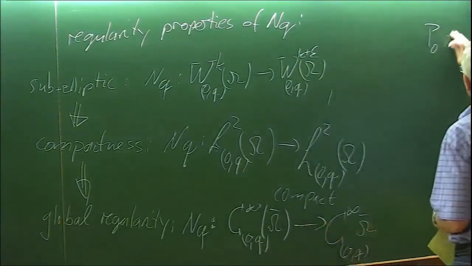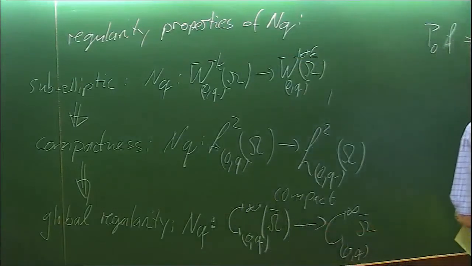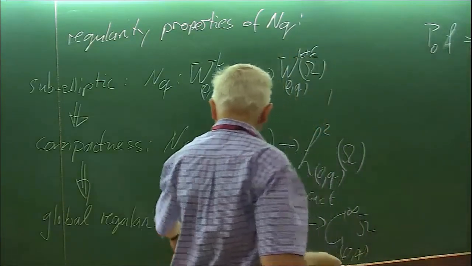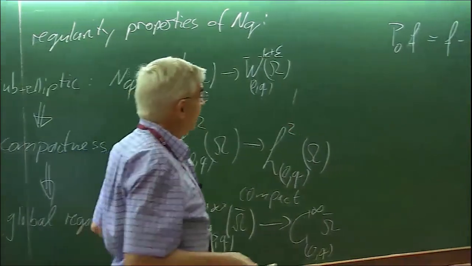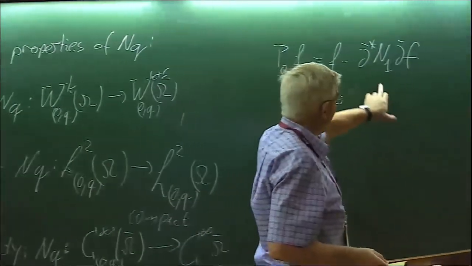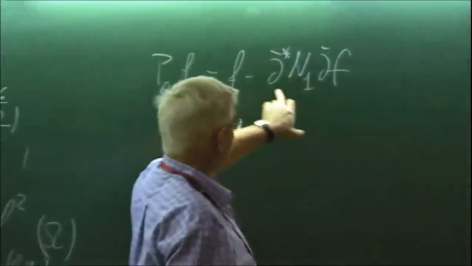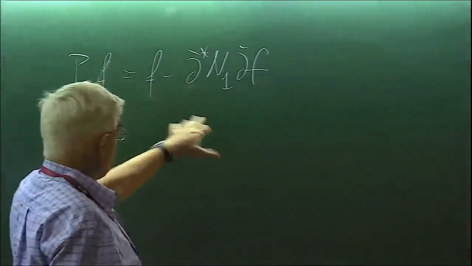Recall this can be written as f minus d-bar star N_1 d-bar f. So if you know that you have this property, then if the function f is smooth up to the boundary, its d-bar is smooth up to the boundary, and this will be smooth up to the boundary. Here you differentiate. So then you will have that the Bergman projection preserves smoothness up to the boundary.